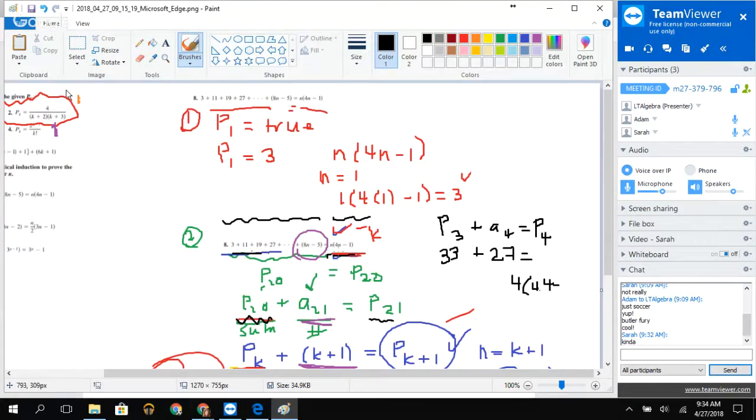I'm plugging into this side of my equation: does that equal n times 4n minus 1, where my n is 4? If you actually do the math, 60 equals 60. So that's how we prove it's true: if you have any number of terms and you add on the next one, it's still true for your summation.